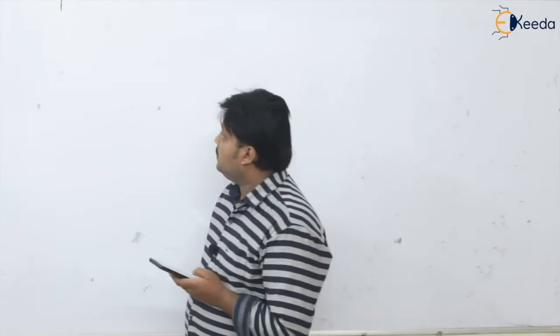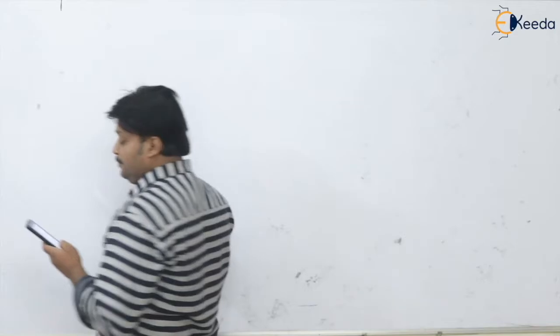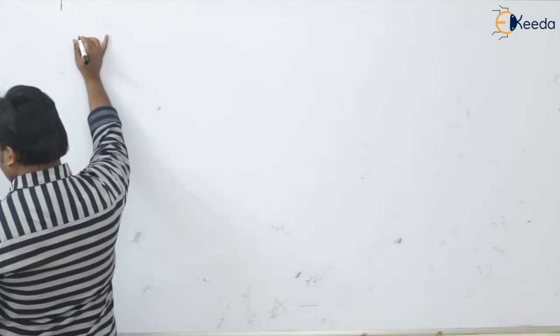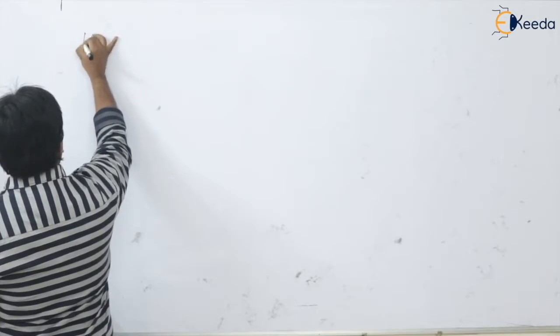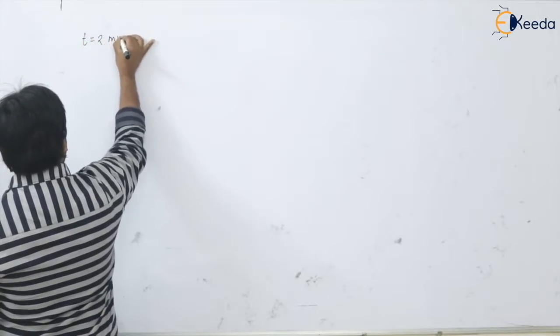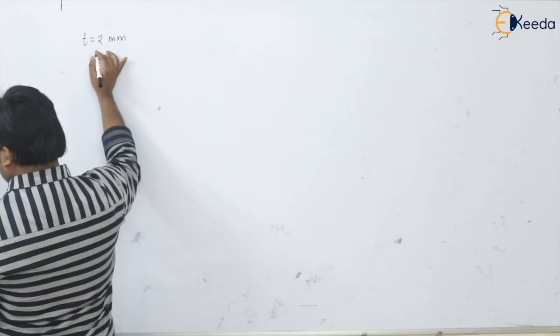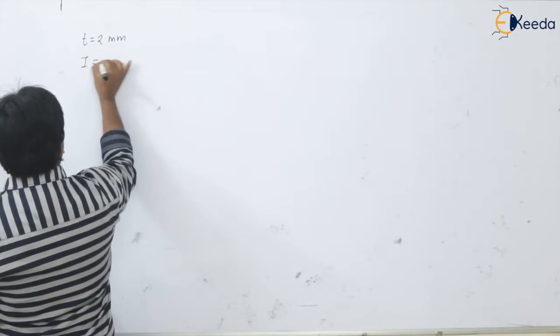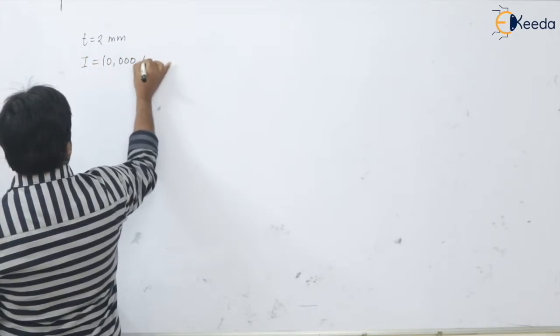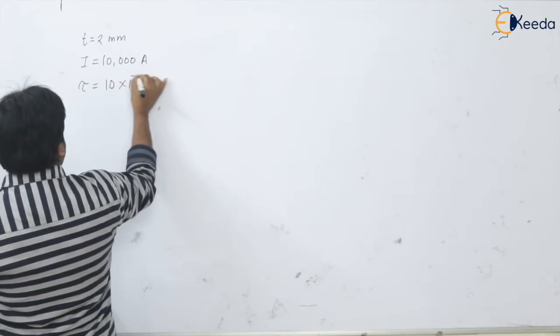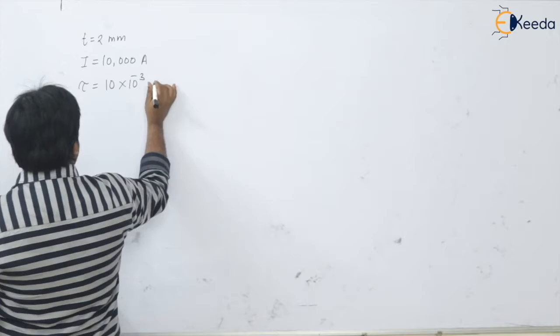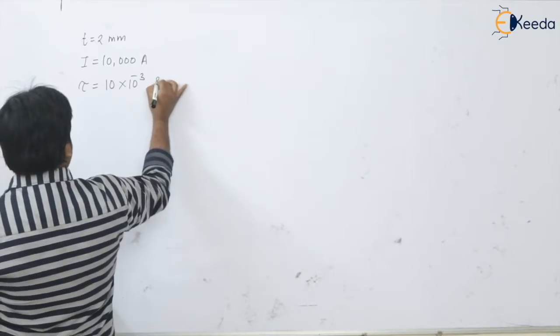Okay, so this is a question on resistance spot welding. Again, let us put down what is given. I will write the thickness of the plates, 2 mm. Then the current is how much? 10,000 ampere. Time is how much? 10 millisecond, that is 10 into 10 to the power minus 3 seconds.